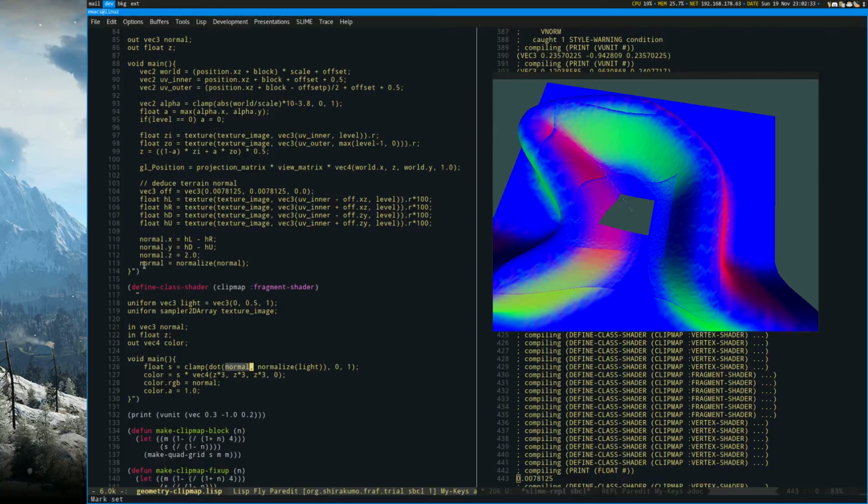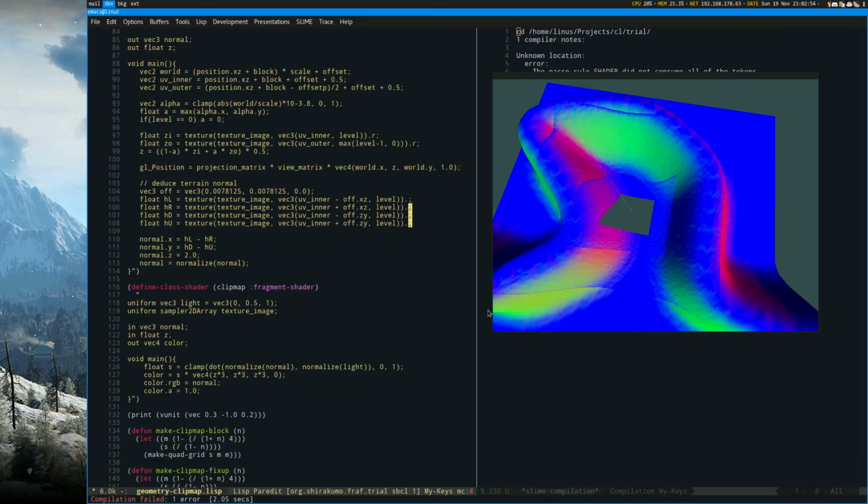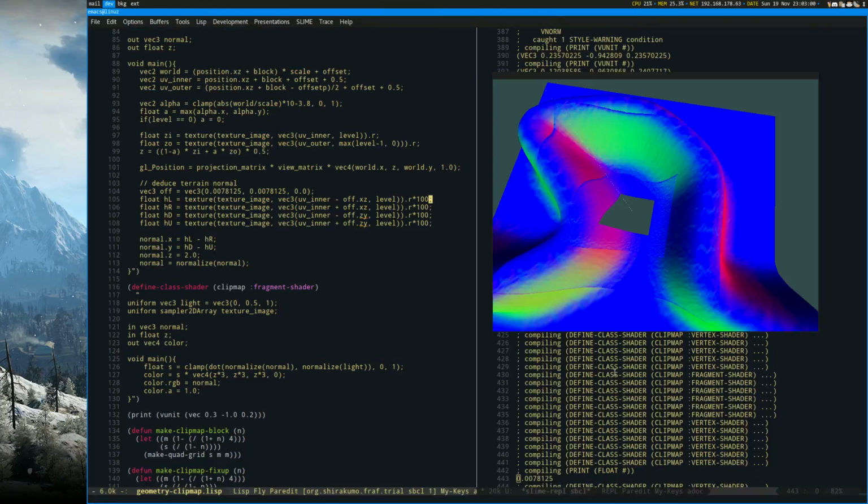Normal is normalized when it comes out. Oh, really? It's not the case though. It doesn't change anything. Yeah, these are just way too small to make any difference at all.